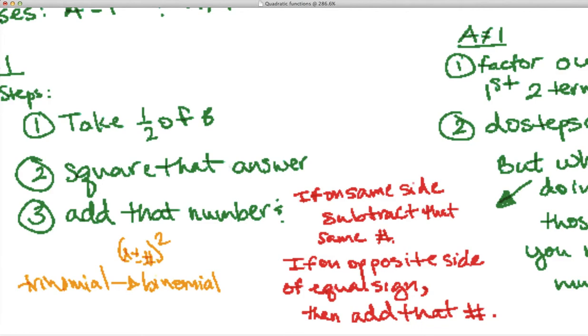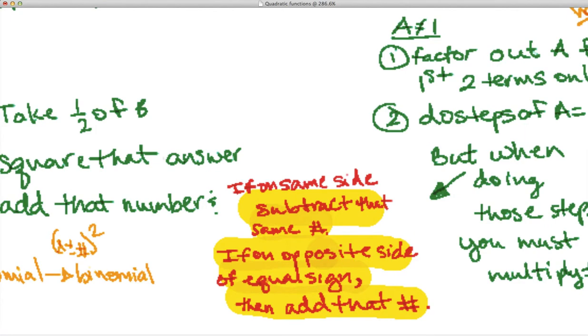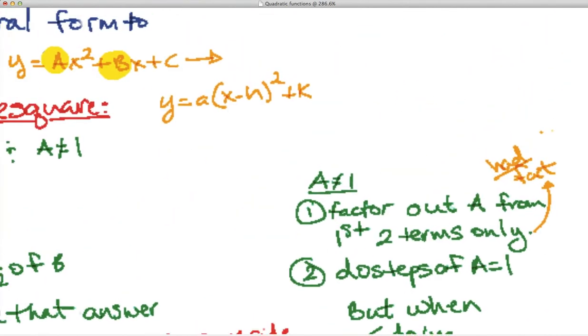And then whatever that number you add there, if it's on the same side of the equal sign, then what you do is you do the opposite. You subtract that number, and if it's on the opposite side of the equal sign, you add that number, okay, whatever that number is. And it'll make more sense once you see the examples, so make sure you check out the example video.